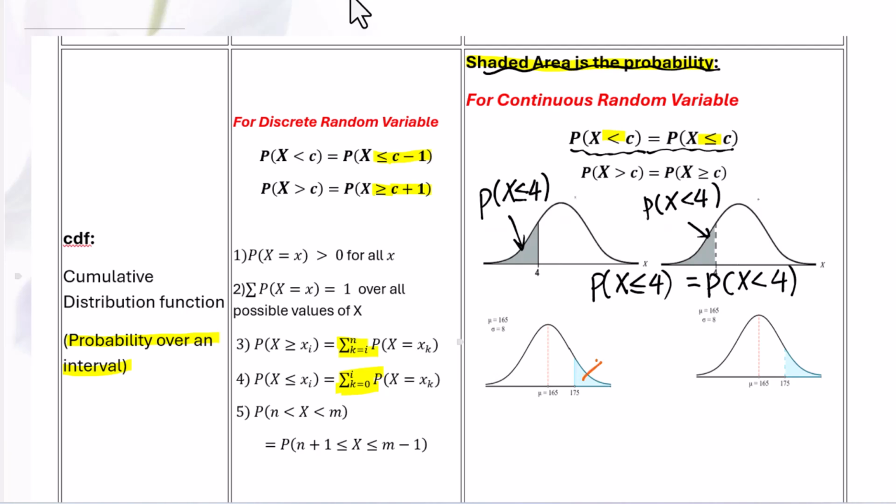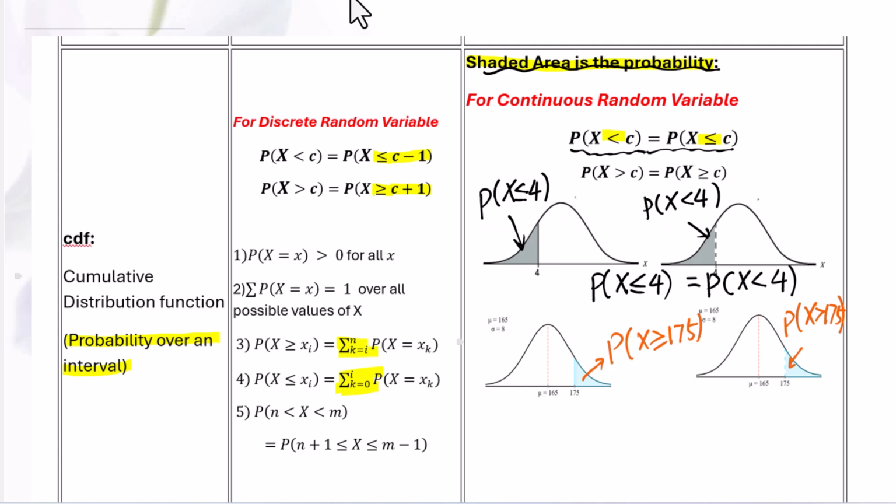This shaded area means the probability of x greater than or equal to 175. This shaded area means the probability of x greater than 175.